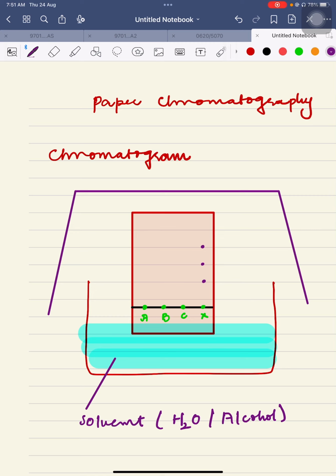Now what will happen? The bottom part of this paper is immersed in that solvent. Now the solvent will start traveling up. We already know that there are small pores and small pathways in the cellulose structure of the paper.